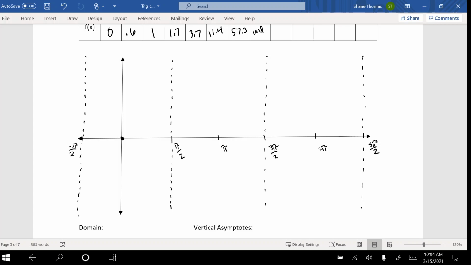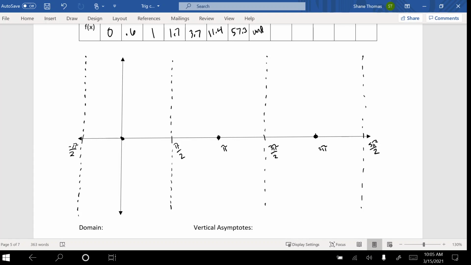At the same time, we are going to have an intercept point at each one of these intermediate ones. If I find what tangent of pi is going to be, it's 0. Tangent of 2 pi, it's 0. So I have 3 x-intercepts there.